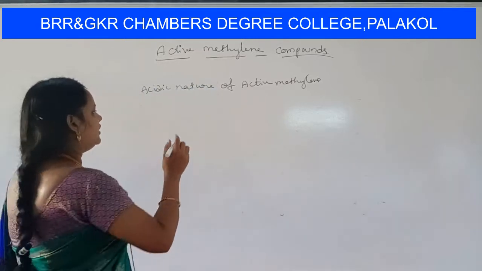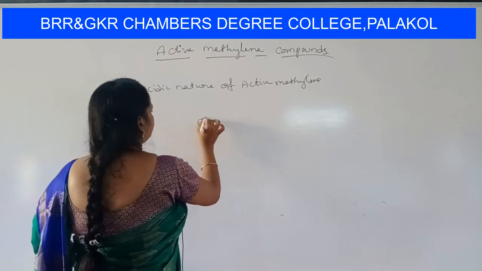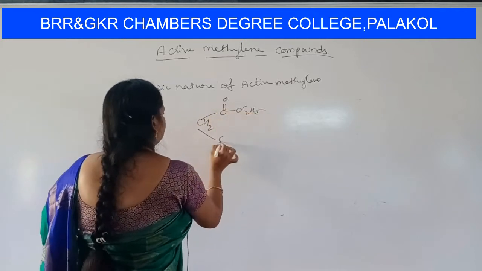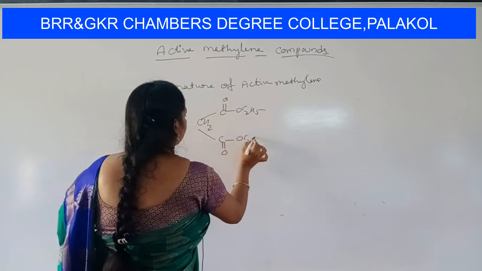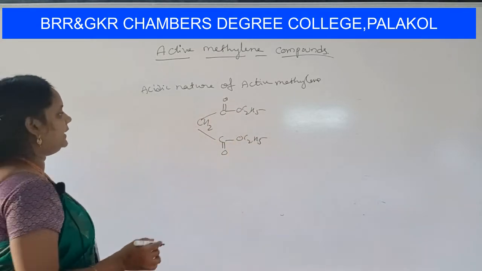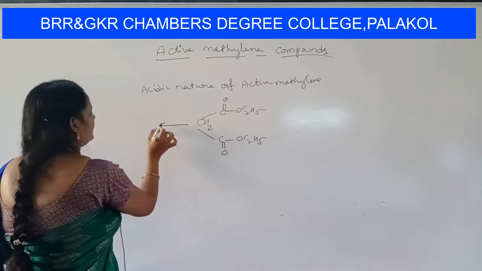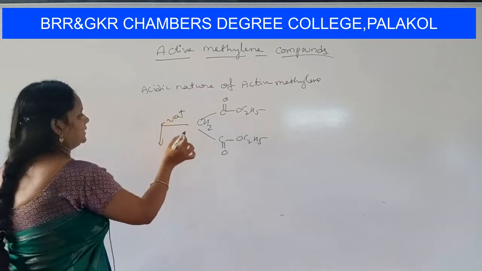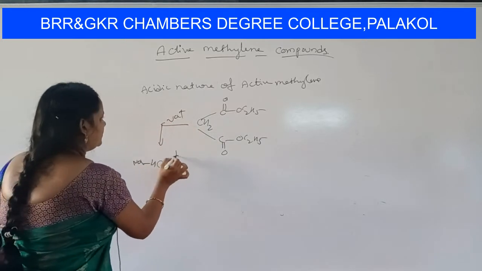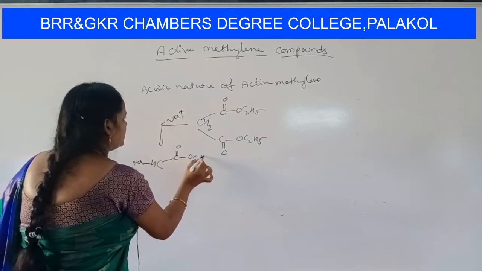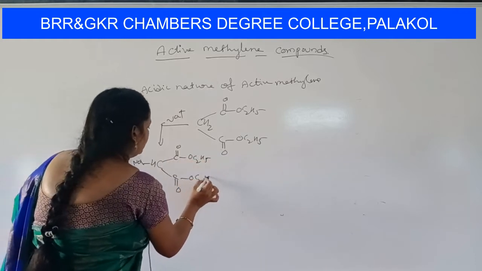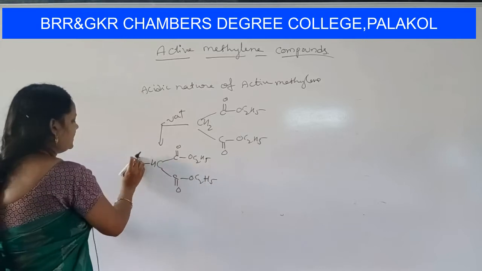If you take malonic ester, CH2 C=O OC2H5, C=O OC2H5. Okay, malonic ester. Right. If you react with sodium metal, what happens? Na+, CH Na, C=O OC2H5, and C=O OC2H5.